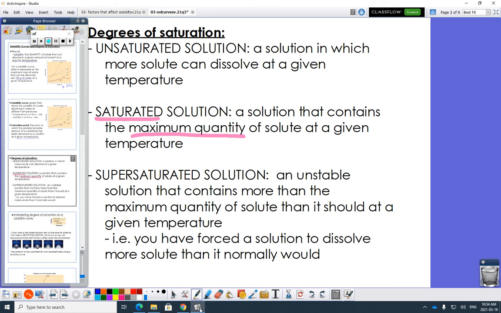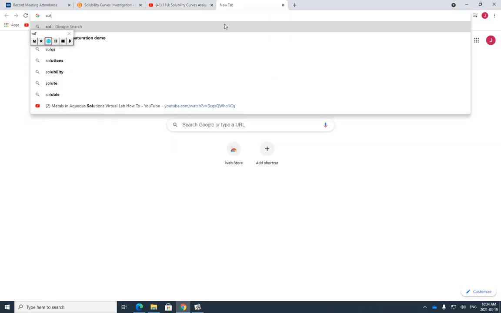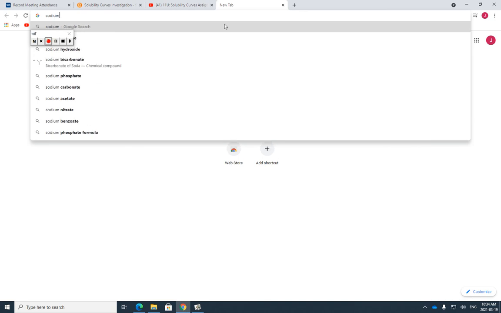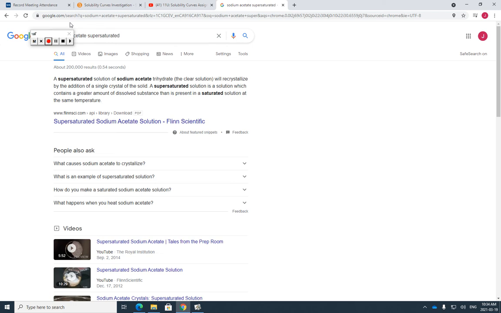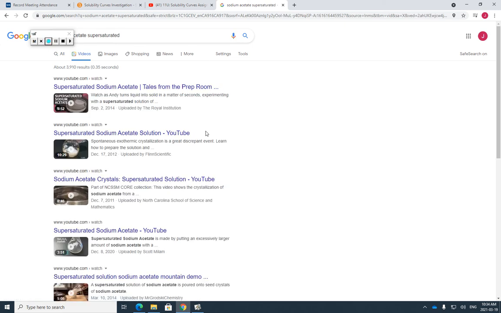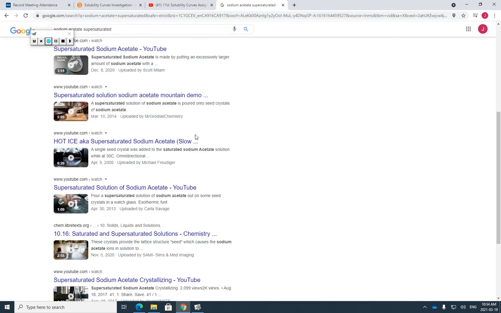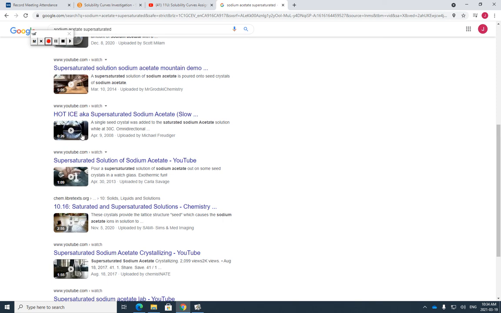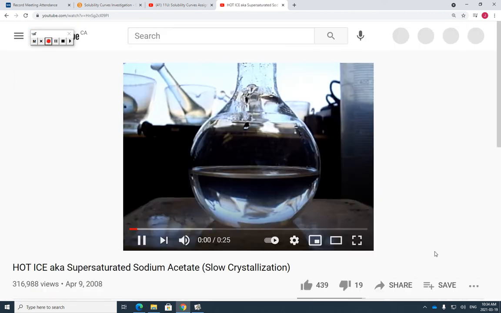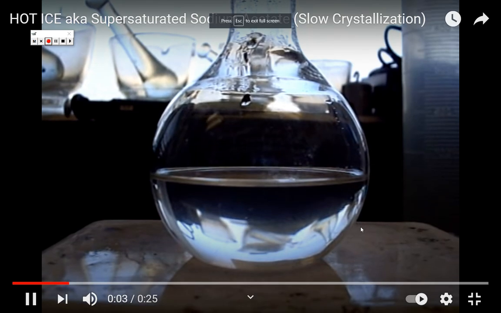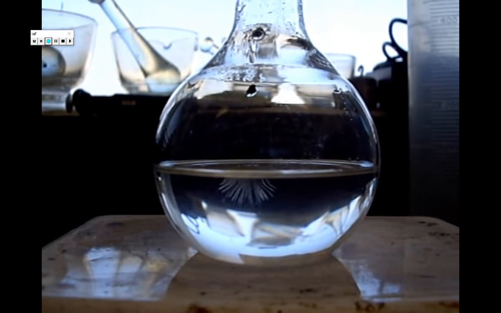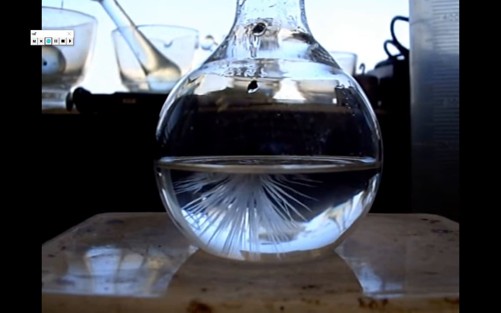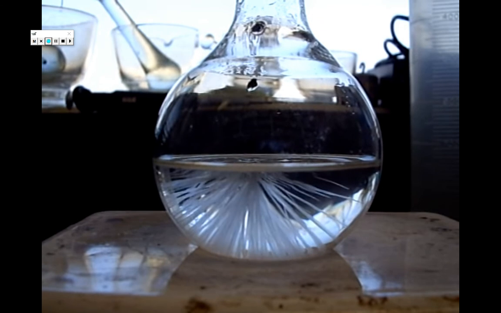Again, if you're a YouTube watcher, this one, you can see that the solution is clear, and then they're going to add one crystal, and you can see that it's coming out of solution.